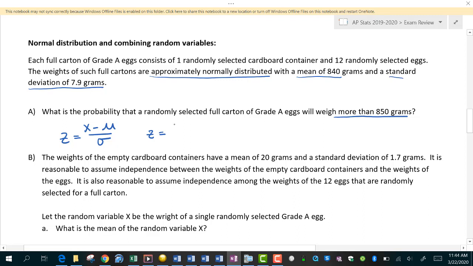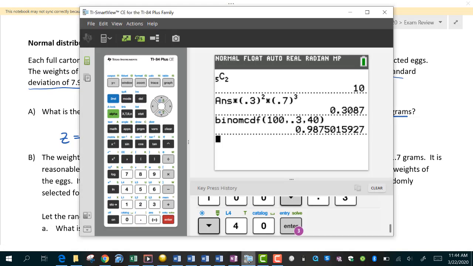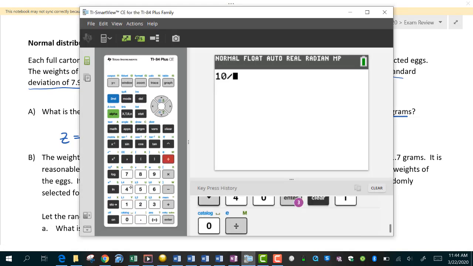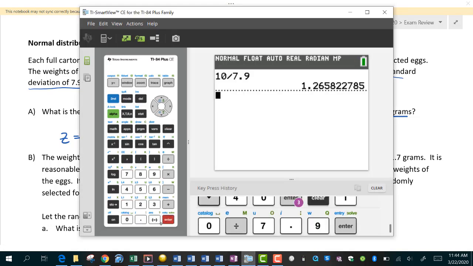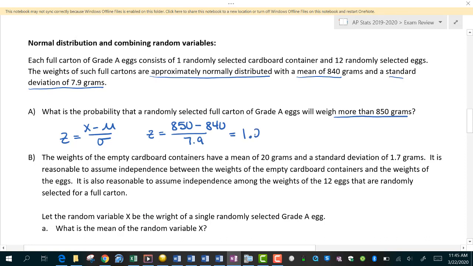So if I take 850 as my x value minus a mean of 840, and divide by a standard deviation of 7.9, I will get my z-score of 1.266. And then I want to find the probability that z is greater than 1.266.